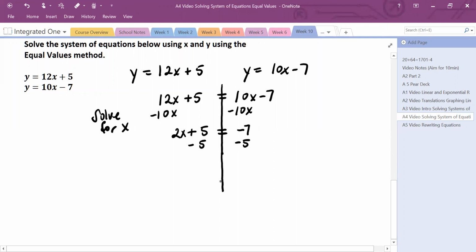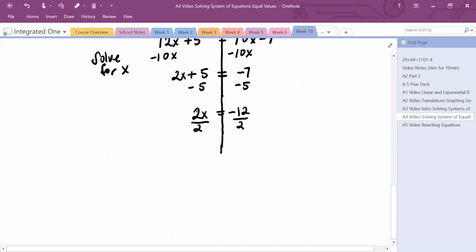Again, I'm just trying to get x all by itself. Plus 5 minus 5 is just 0, so I end up with 2x on this side. Negative 7 minus 5 is negative 12. And then my last step, I'm going to divide both sides by 2. And 2 divided by 2 is just 1, so I end up with x on this side. Negative 12 divided by 2 is negative 6.